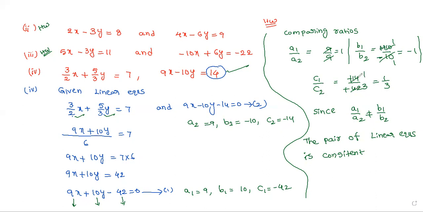C1 by C2, minus 14 by minus 42, minus cancels, 14 ones are 14, 14 threes are 42, 1 by 3. Since A1 by A2 is not equal to B1 by B2, because here positive 1, negative 1, both are not the same. The pair of linear equations is consistent. Okay, write down.